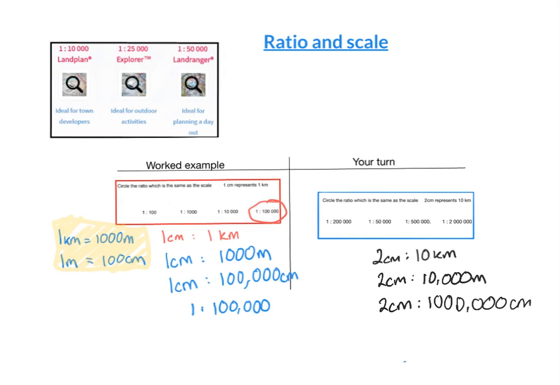Okay, so we've got 2 centimetres is the equivalent of 1 million centimetres, so I can write that as the ratio 2 to 1 million.